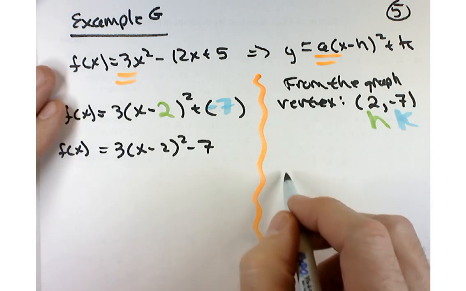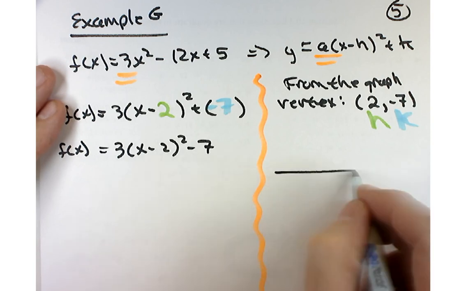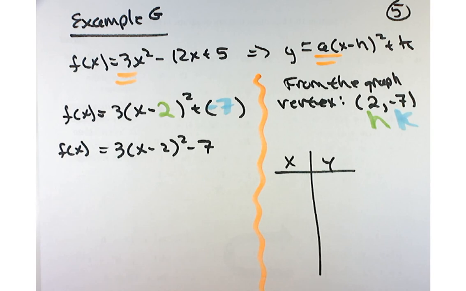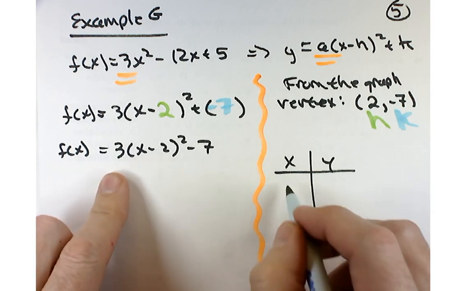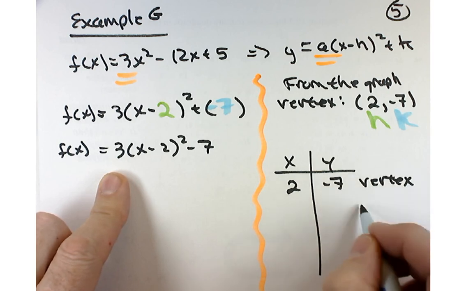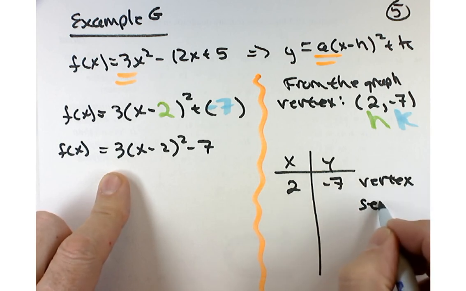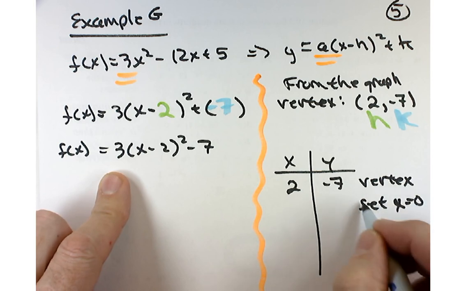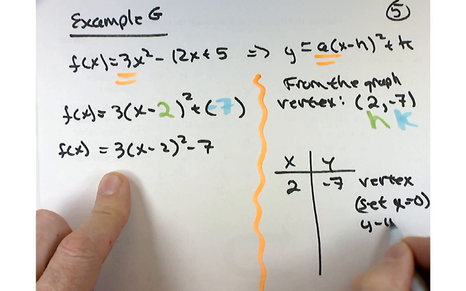Let's see. Let's do ourselves a little t-table here, x and y. 2 and -7, that's our vertex. Let's be clever about finding the y-intercept. So we're going to set x equal to 0 to find the y-intercept.